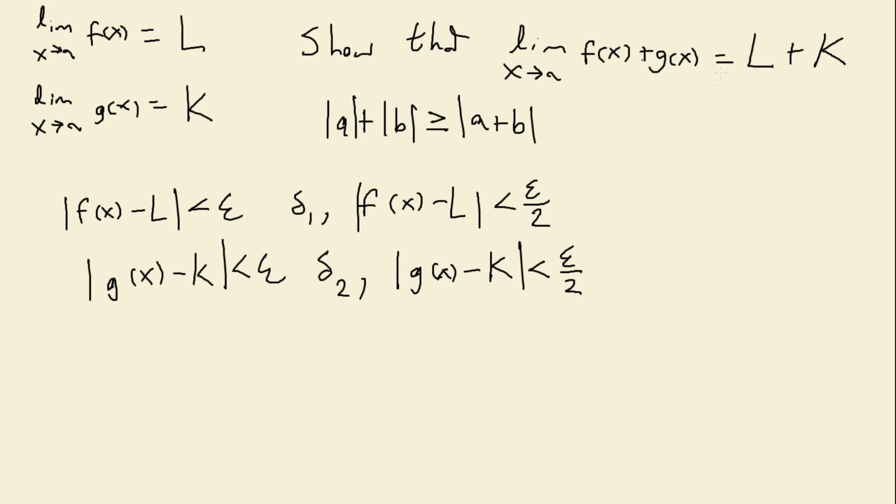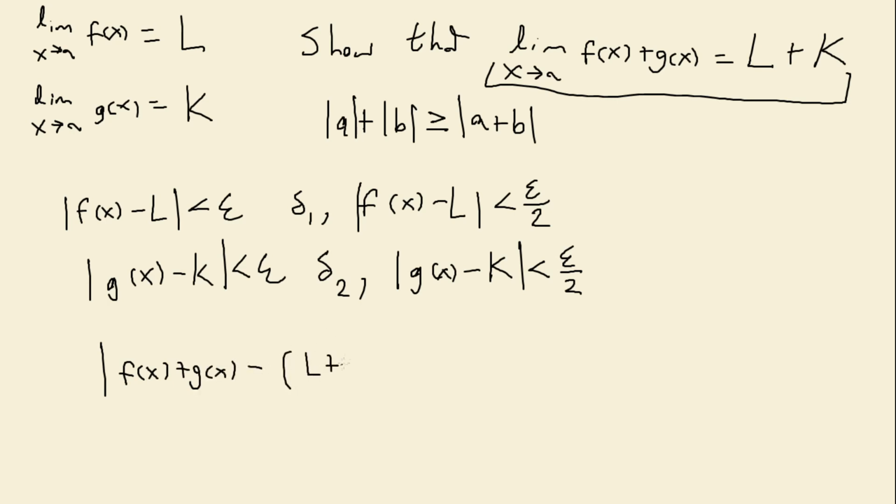Now we can try to deal with this. If we try to write our inequalities for this, we want to show that the absolute value of f of x plus g of x minus the L plus k that we have there, our proposed limit, is less than epsilon when the absolute value of x minus a is less than delta. We can rearrange this.